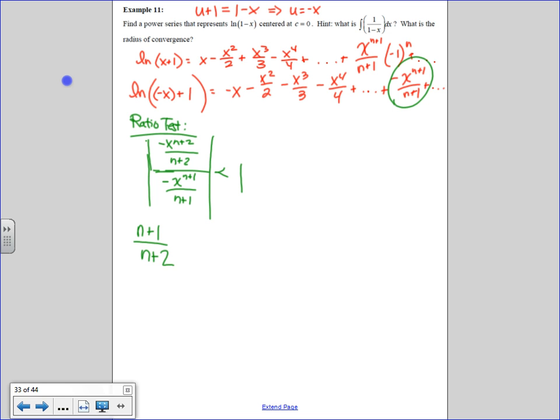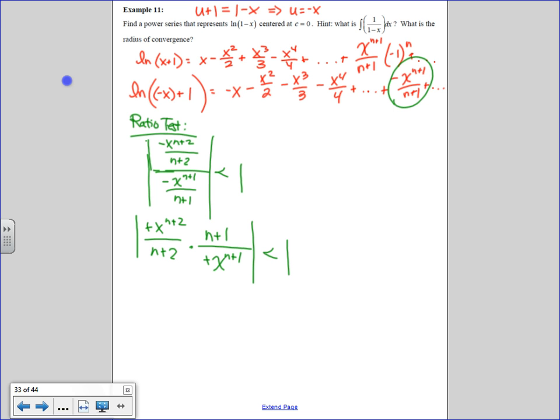Well, here, this will be easier. Okay, now I can take out the negatives because I have a negative over a negative. Forget the absolute value.